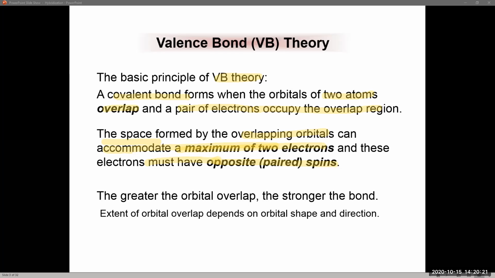So that's how I'd cut out a lot of those filler words. Greater the overlap, stronger the bond. And when I'm taking notes, I'll often just draw a little arrow. So the greater the overlap leads to stronger bond.